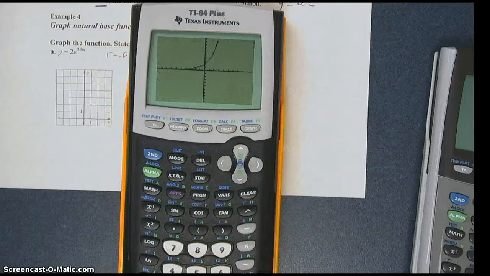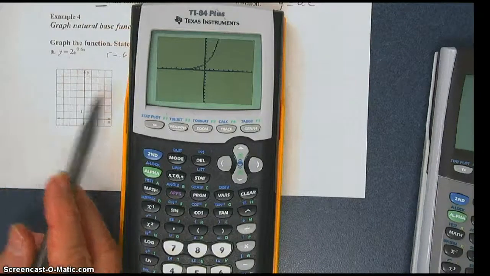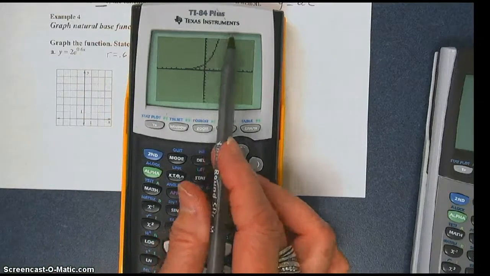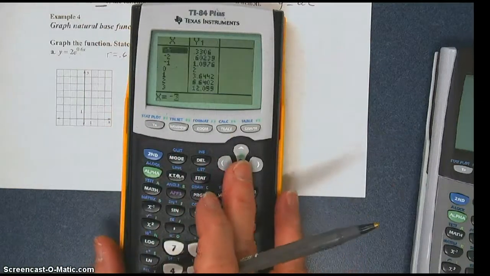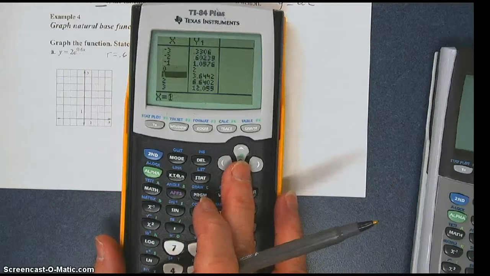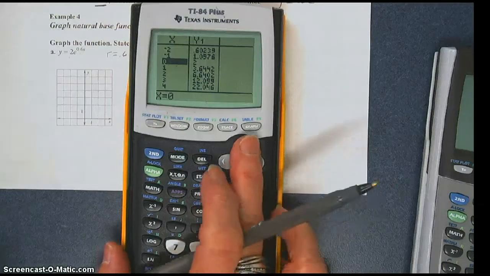it'll be similar to the exponential equation, but our base is e, and remember what e is, it's 2.718. So we'll have some shape that will look similar to the exponential. Hit second graph, and these points will be a little decimal, but still just kind of get a basic shape of what this looks like.